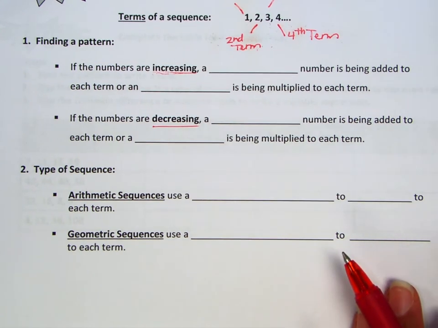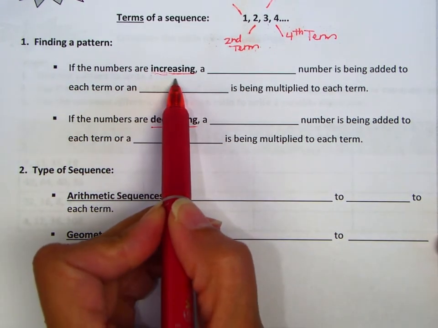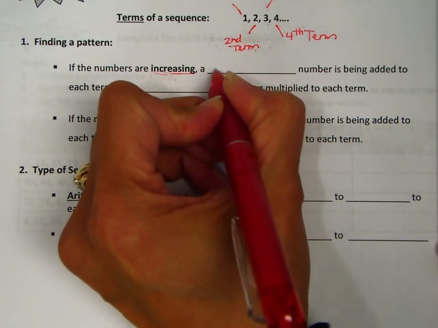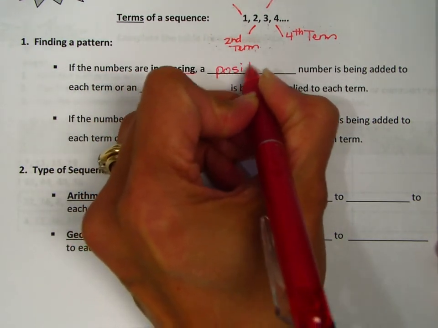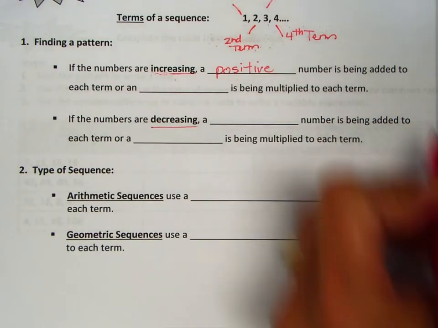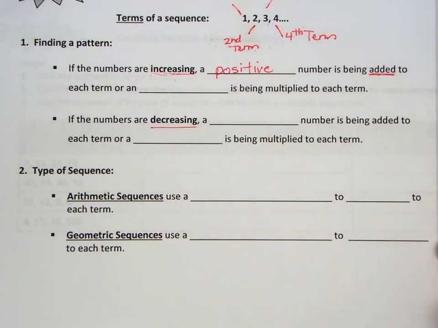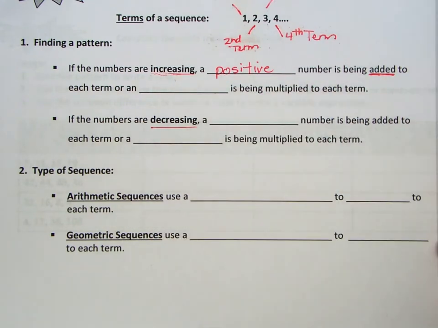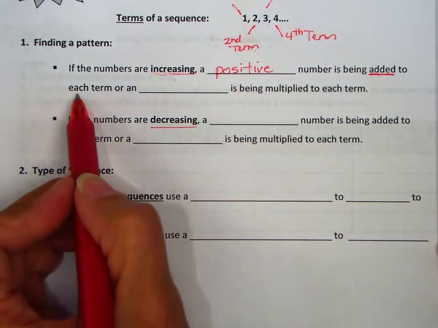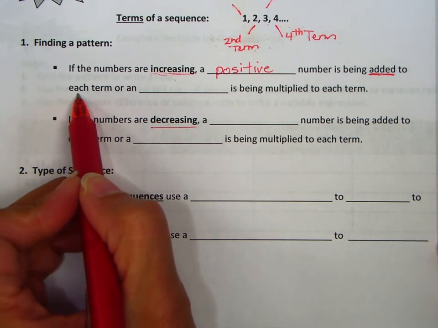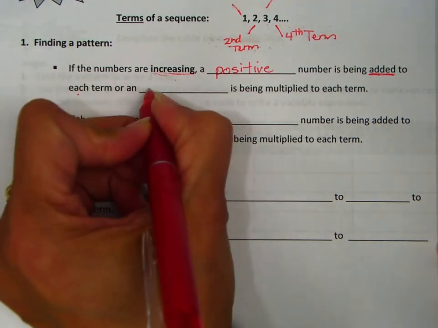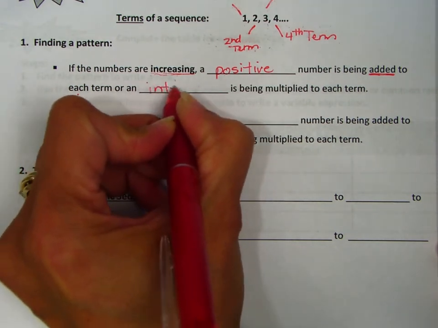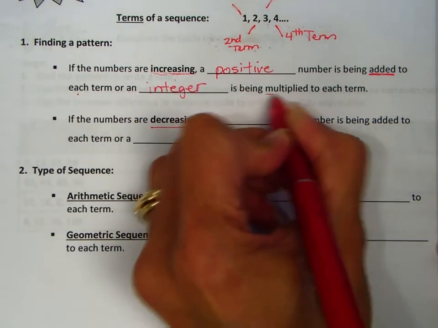So if the numbers are increasing, we can figure out that a positive number is being added. That's important to realize, that we are adding on increasing positive numbers, and we're going to add it to each term, or an integer is being multiplied.